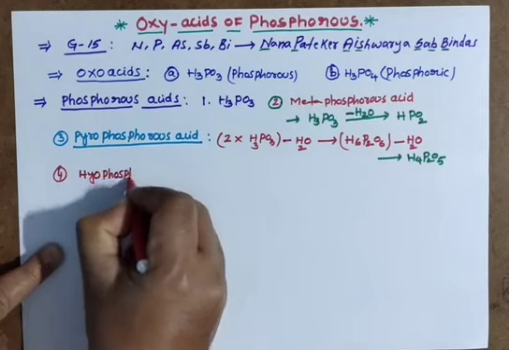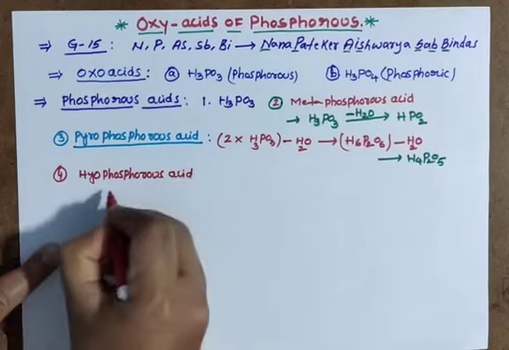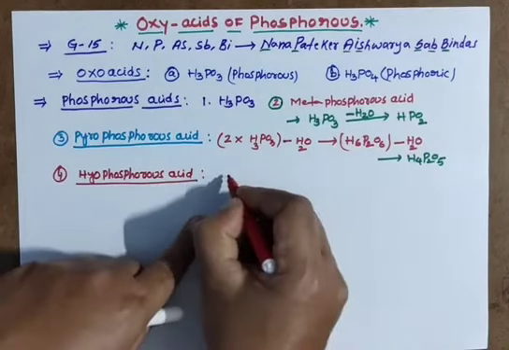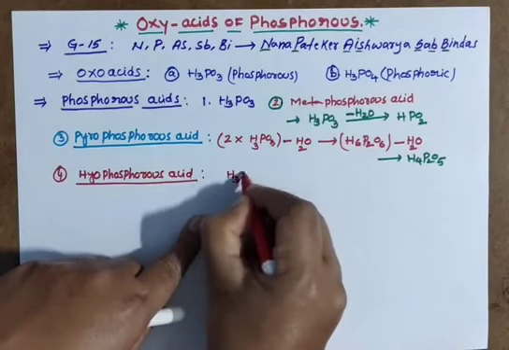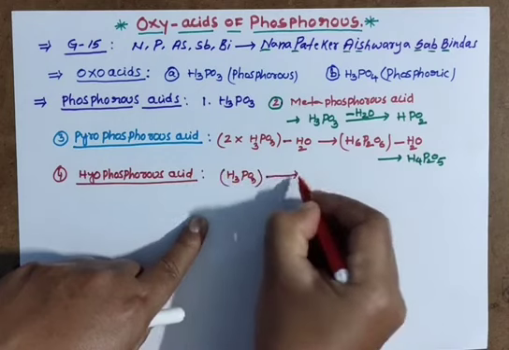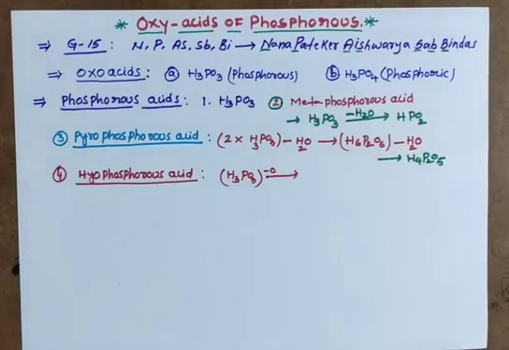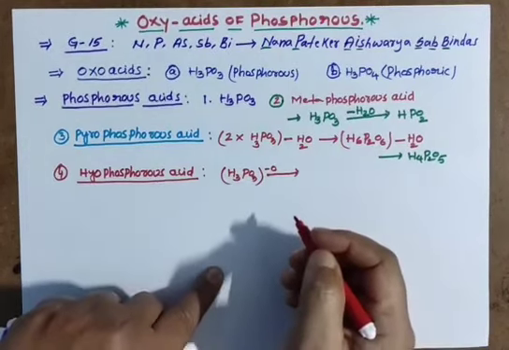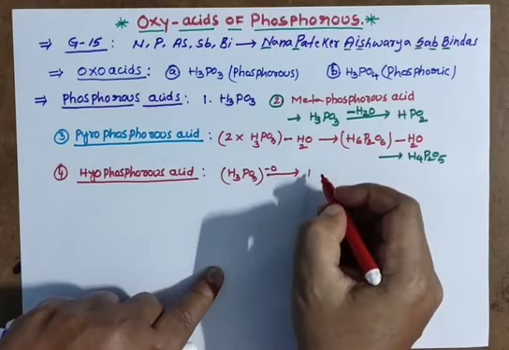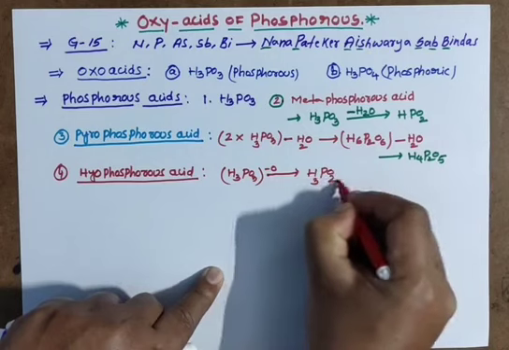Another phosphorus acid we have is hypophosphorus acid. Very simple. Phosphorus acid minus 1 oxygen. From phosphorus acid you remove 1 oxygen and you get H3PO2.